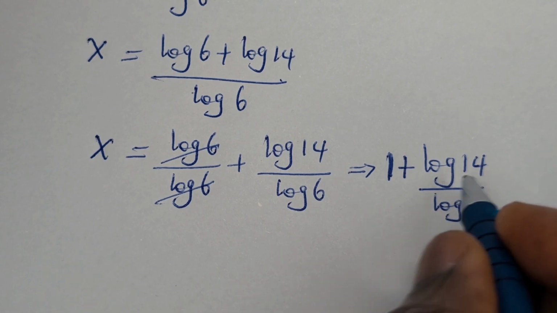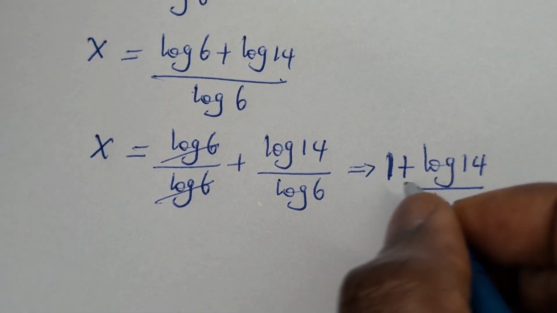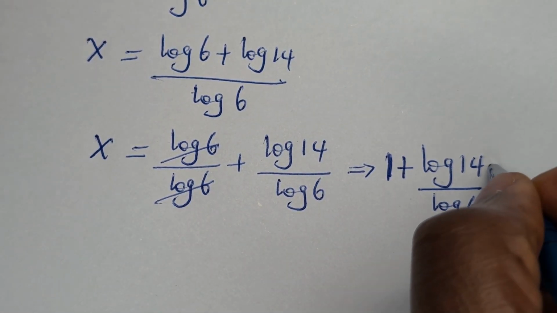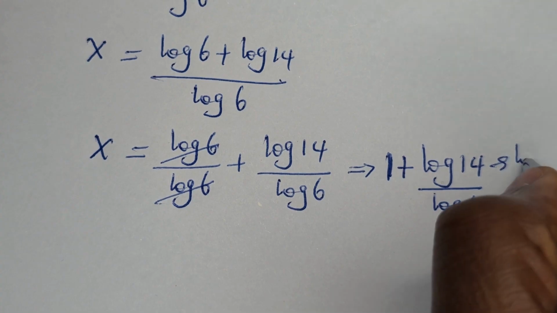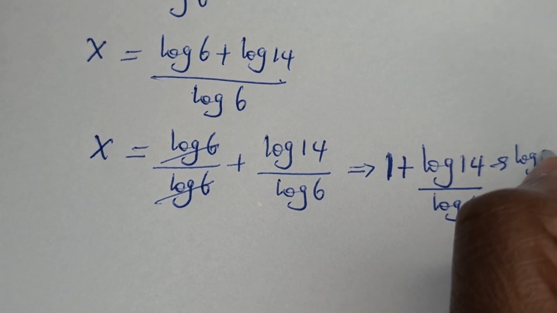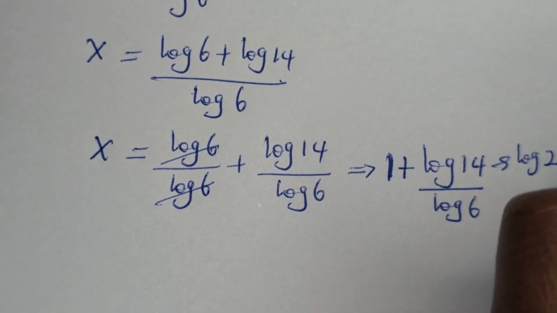Log 14 here can be written as log 2 multiplied by 7.